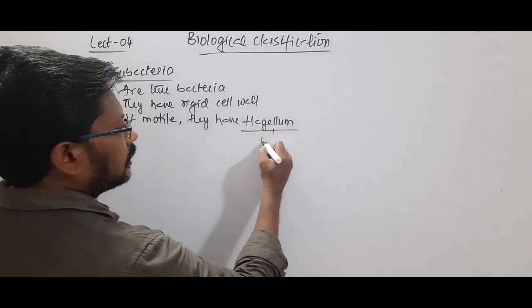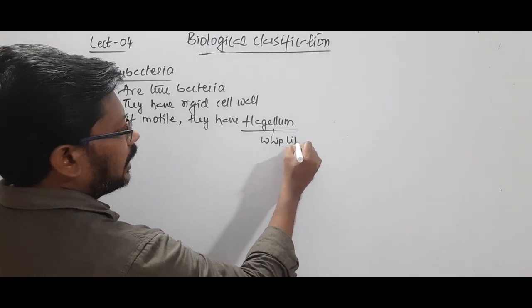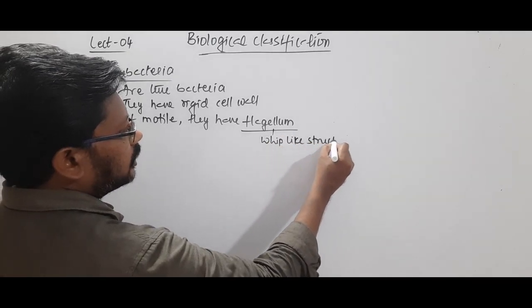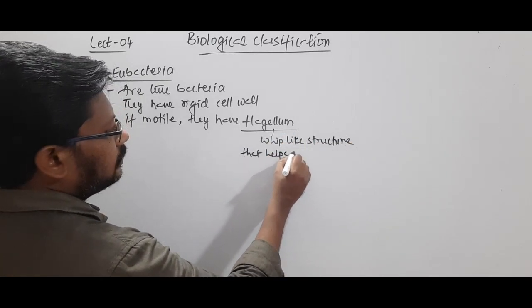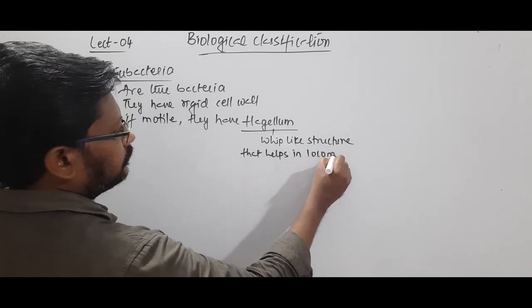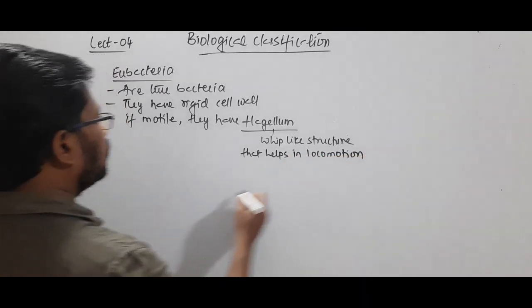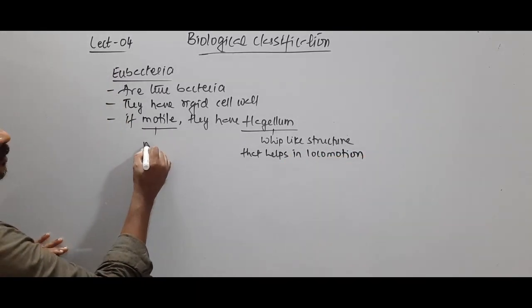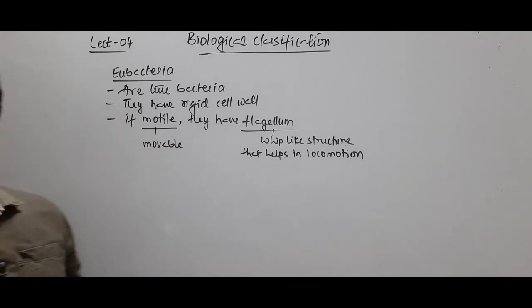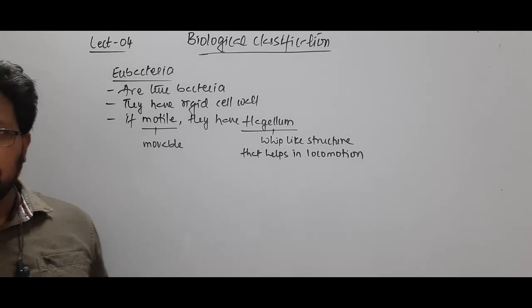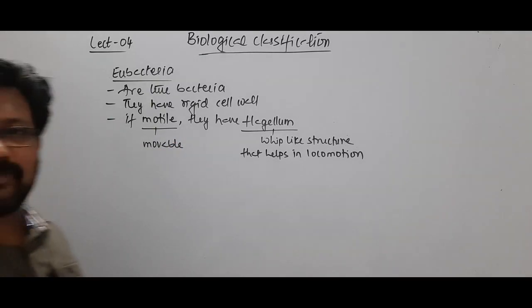So it's a whip-like structure that helps in locomotion, right? Motile means movable. Of course, all bacteria are not movable; if those bacteria are movable, then they may have flagellum.